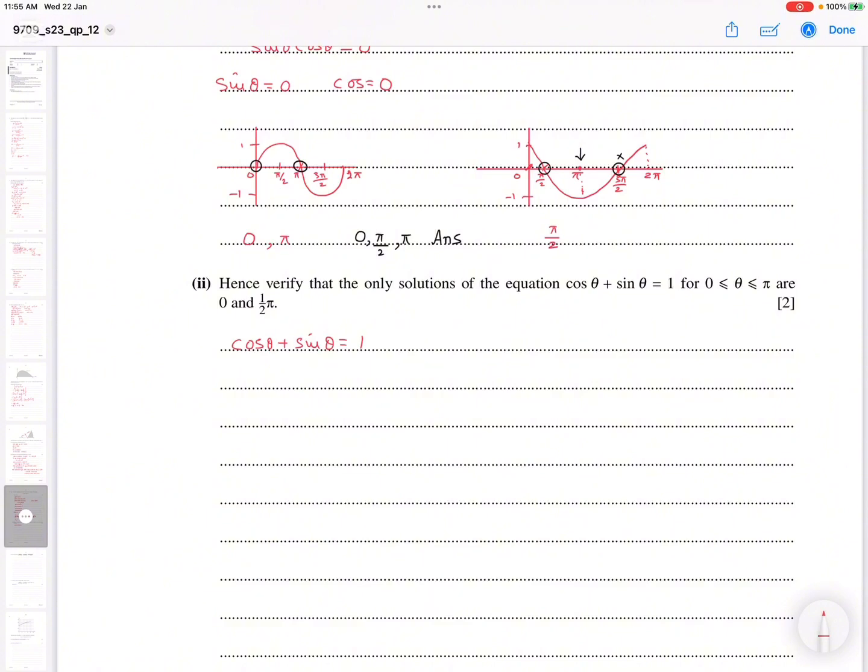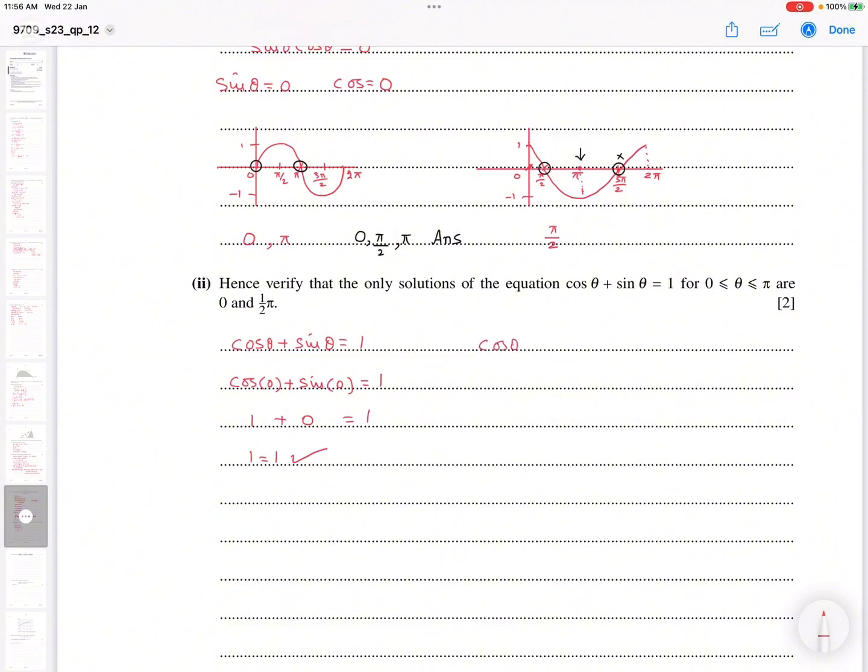So from 0 to pi, first write 0: cos 0 plus sin 0. Cos 0 is 1, sin 0 is 0. So this is 1 equals 1. So yes, we have to pick this value 0.